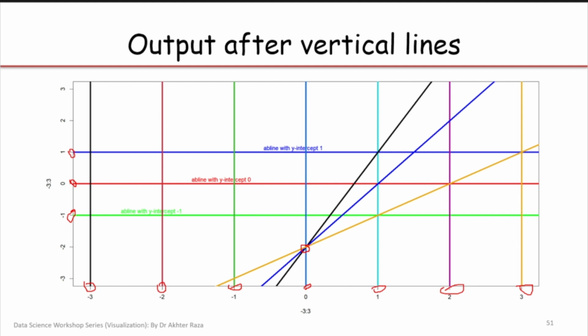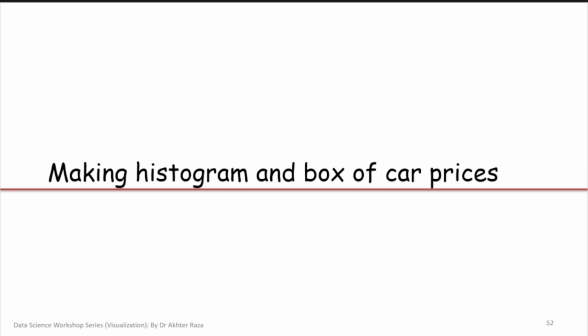The next is making the histogram and the box plot of any quantitative variables, because bar chart and pie chart are the two graphs for the factor variables.